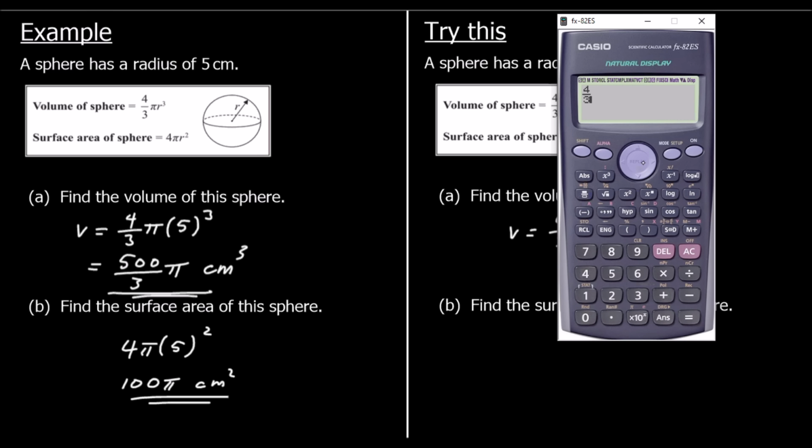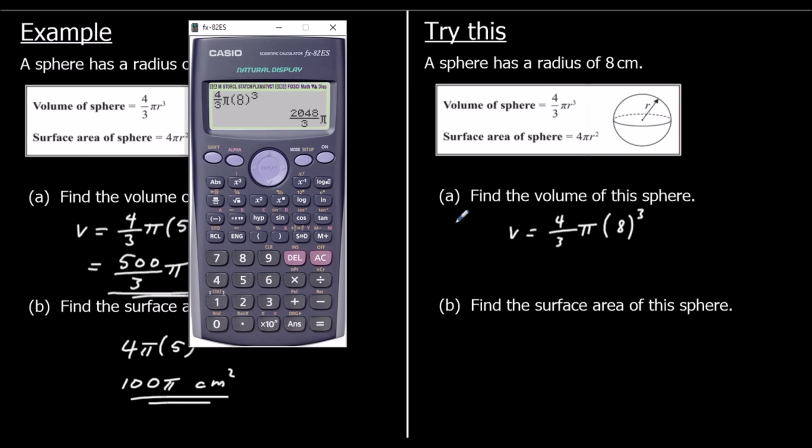And we just type that into the calculator, 4/3 pi times 8 cubed. And we've got 2048 over 3 pi, or as a decimal, 2144.66 centimeters cubed.